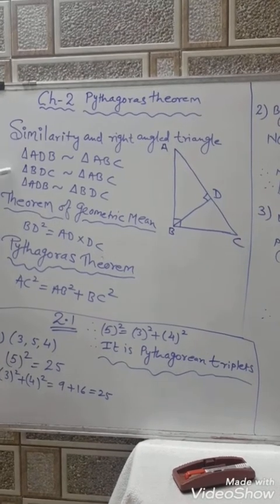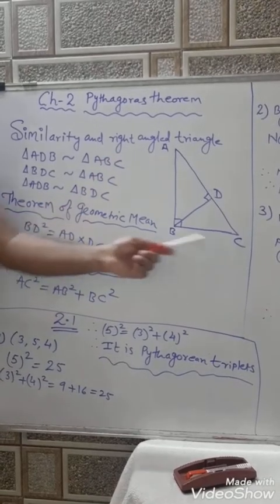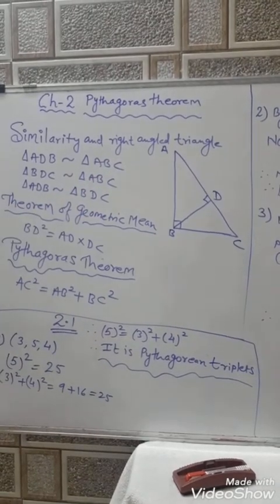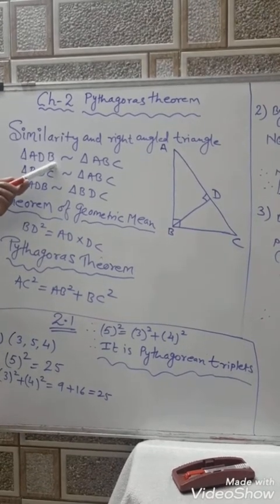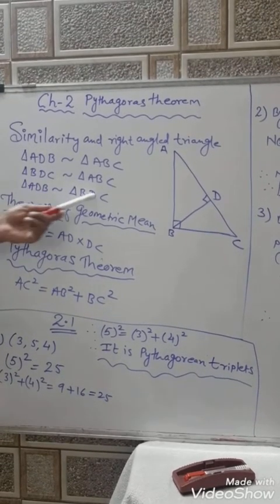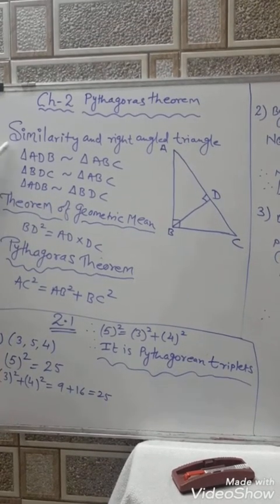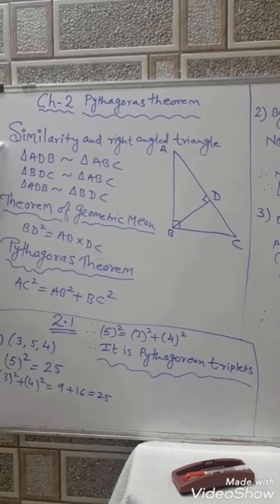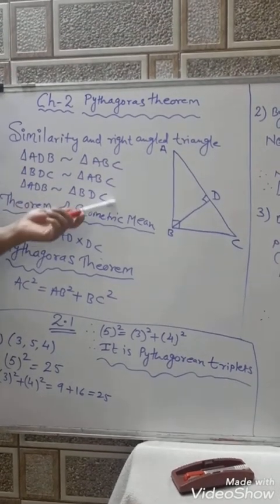Second, we prove BDC is similar to ABC. And third, we prove ADB is similar to BDC by using the test of similarity. So there we prove the right angle triangles are also similar.